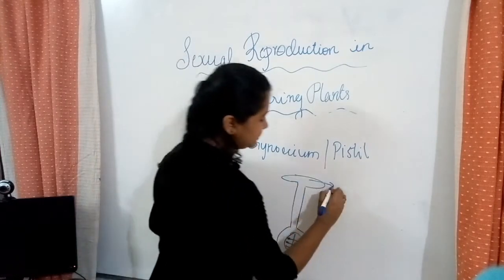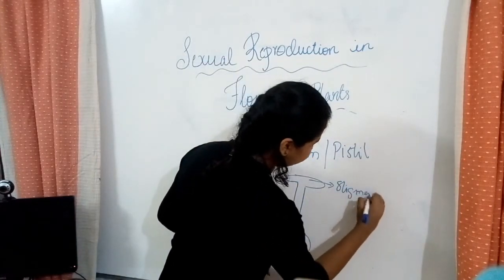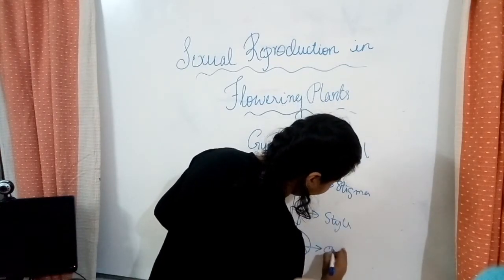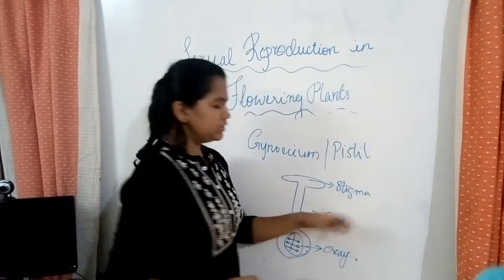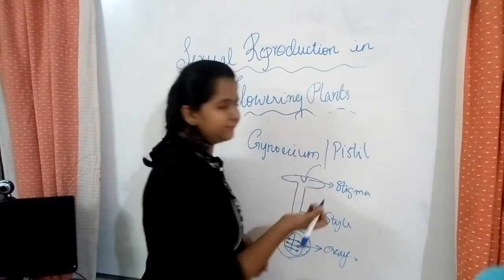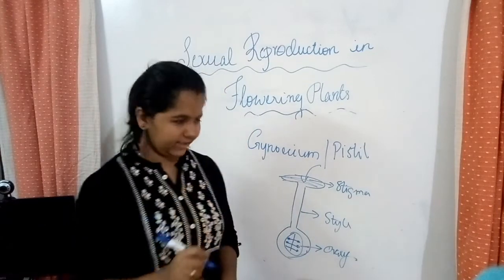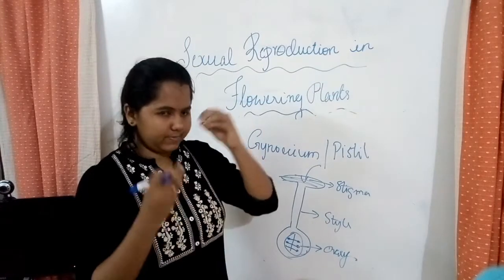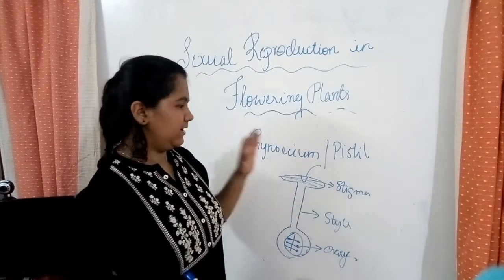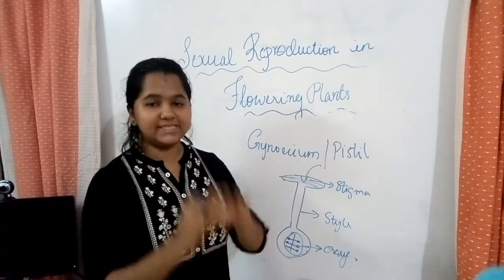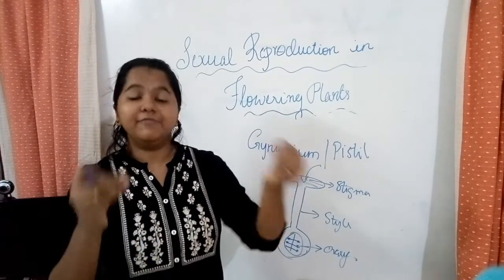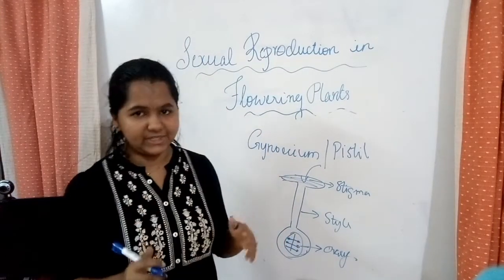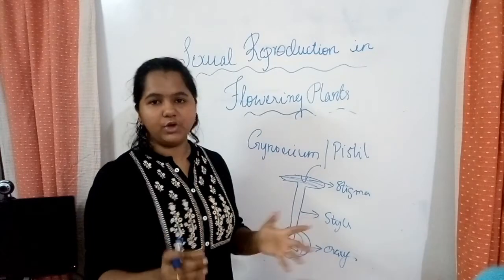Stigma is the landing platform for pollen grains, whereas style is a slender, stalk-like structure on the pistil. The last one is the ovary, the bulged part where ovules are present, inside which the megasporangium is present. This is the overview of the gynoecium.